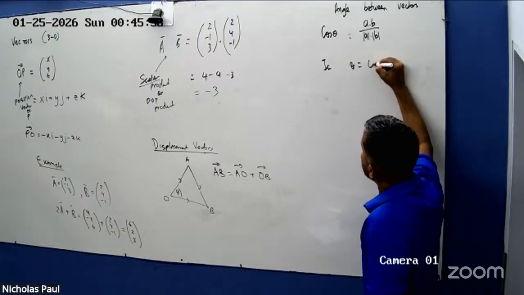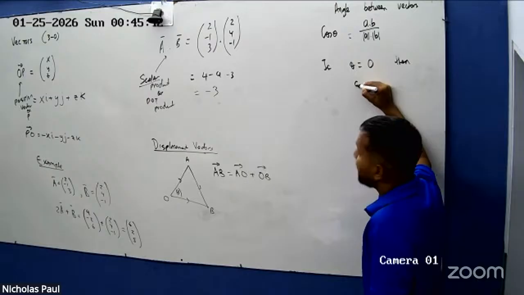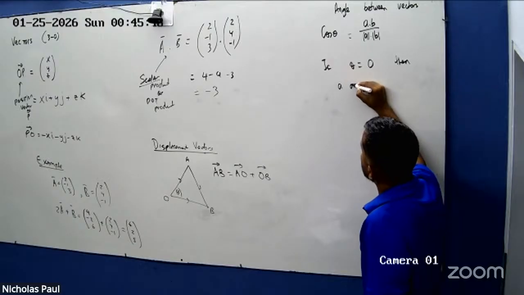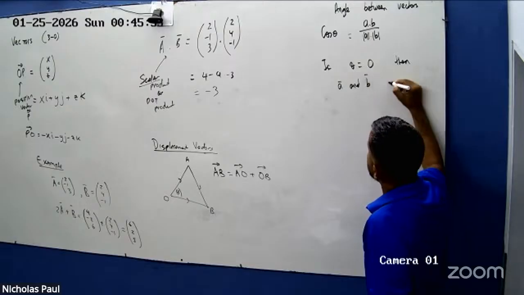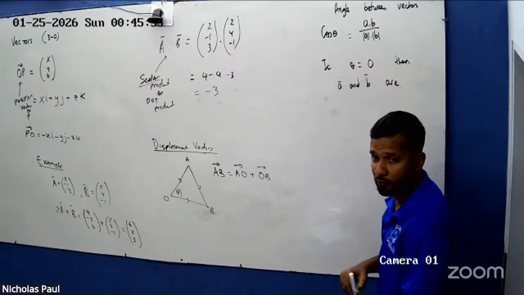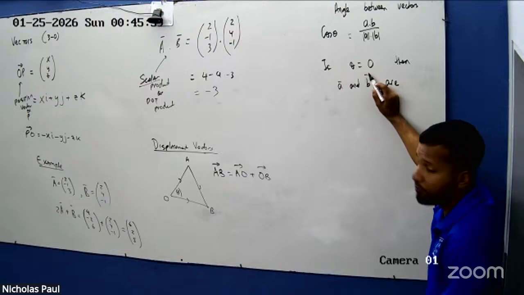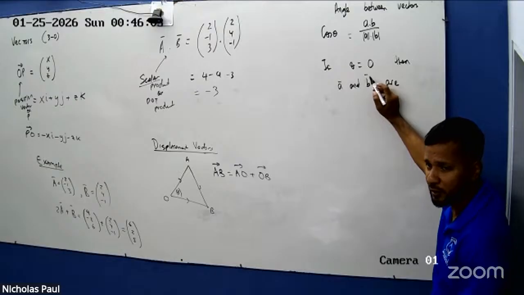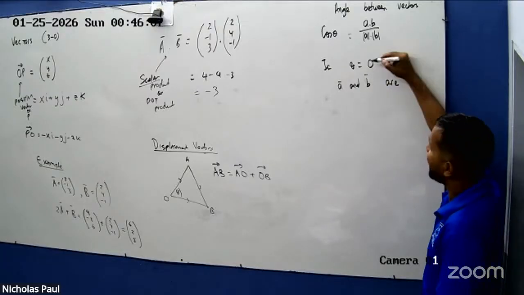If theta is 0 degrees, then A and B are what? What would happen if the angle is 0? The vectors are what? No, the angle is 0 degrees.